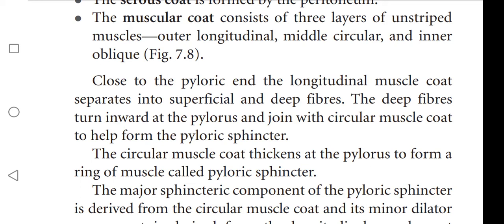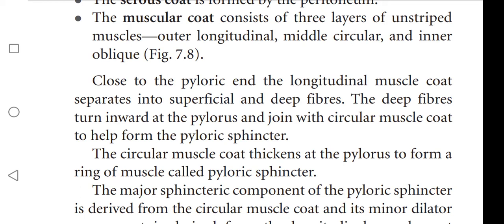The deep fibers turn inward at the pylorus and join with the circular muscle coat, the second layer of the muscular coat, to help form the pyloric sphincter.